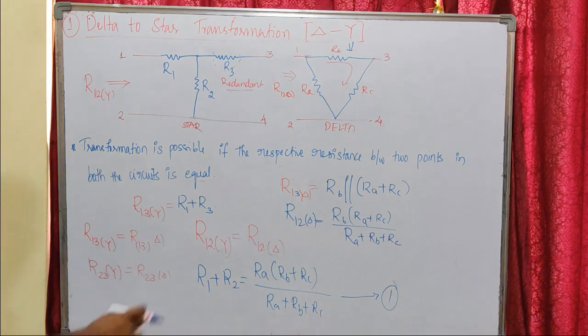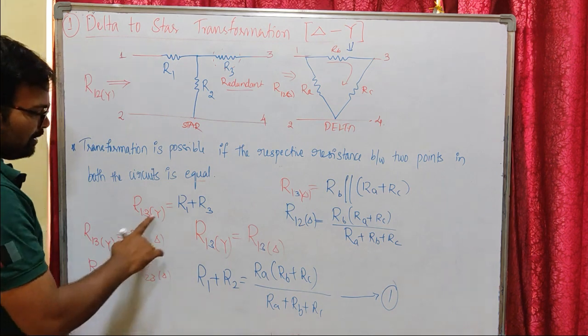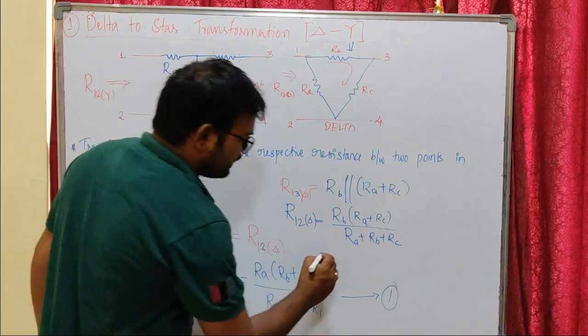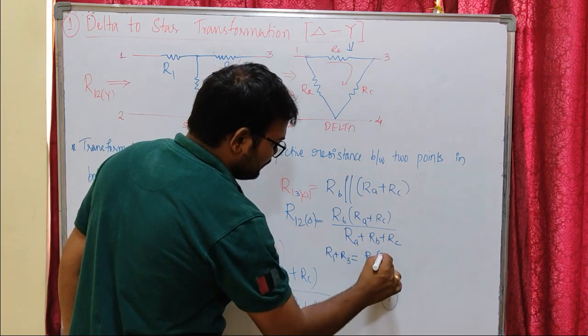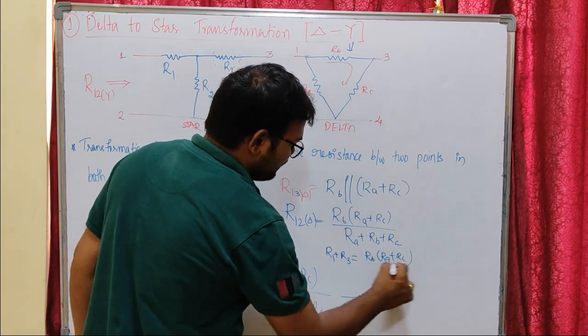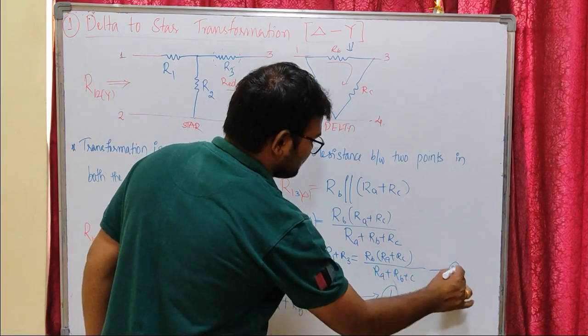So when I equate R13 star with R13 delta, R1 plus R3 equals RB into RA plus RC by RA plus RB plus RC. So this is our second expression.